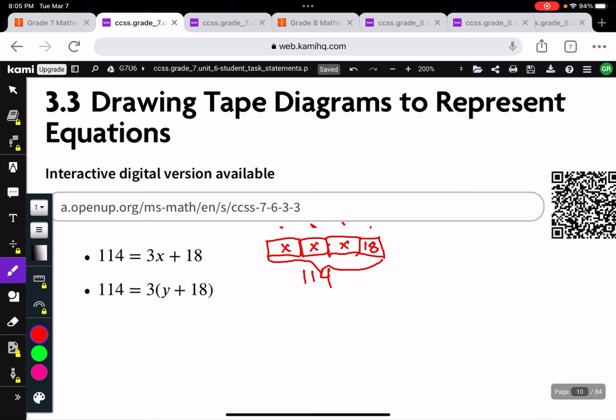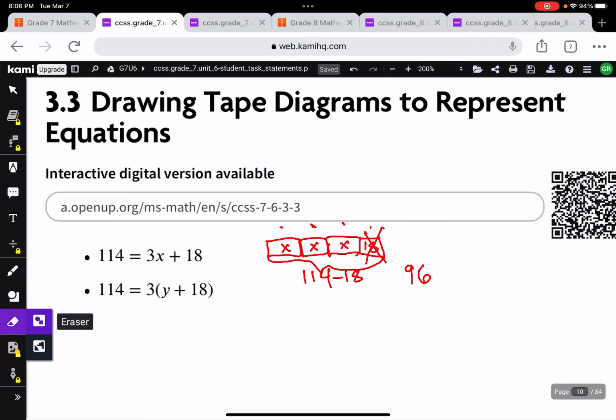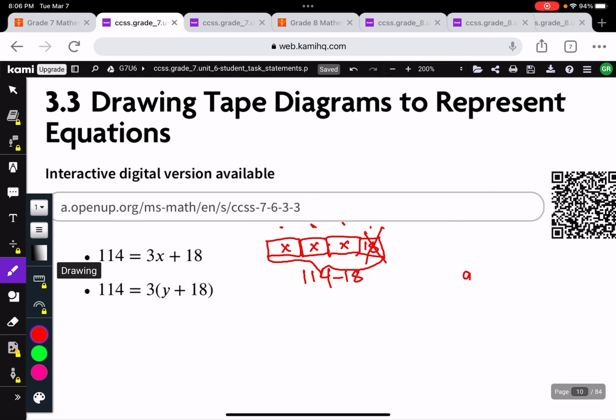Well, if all 4 of these things equal 114, if I got rid of this 18, and if I got rid of 18 from 114 as well, I don't have a calculator out, but that's going to leave me with 96. Let me write it over here. That's going to leave me with 3 x's.